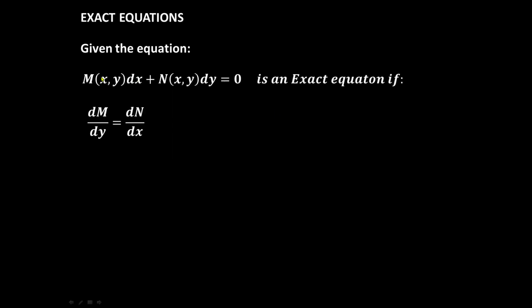Kailangan ang function natin ni M with respect to y equal din sa function ng N with respect to x, para masabi natin ang given equation is an exact equation.